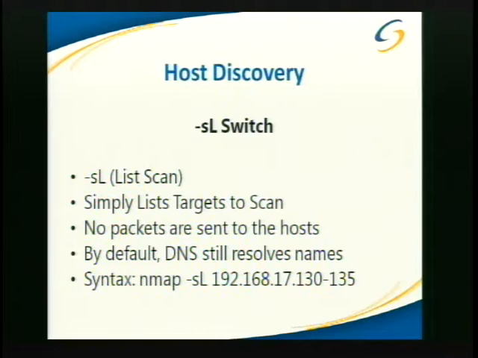So it's nice, especially if you're not real good with subnetting, to throw a CIDR notation in there and do a -sL to make sure that you're going to scan the right range before you go ahead and kick your scan off.